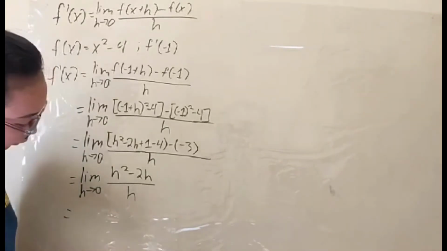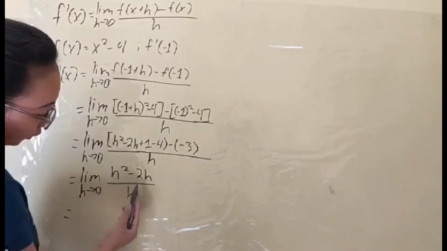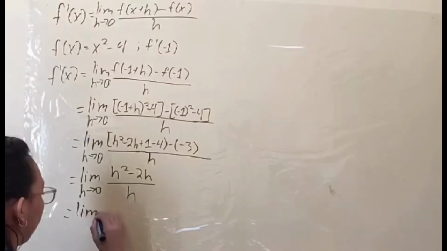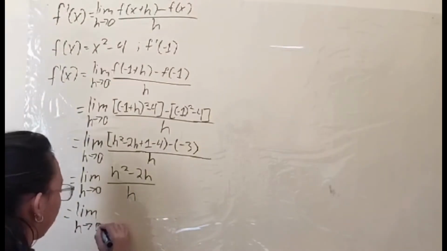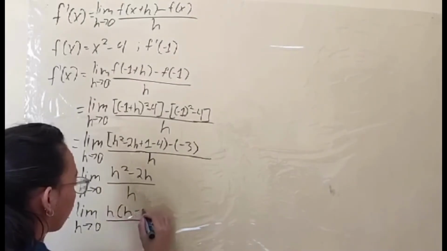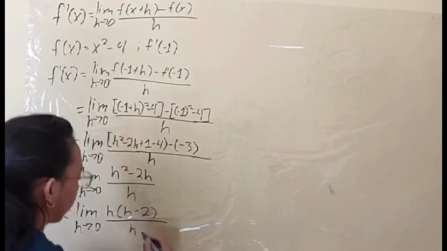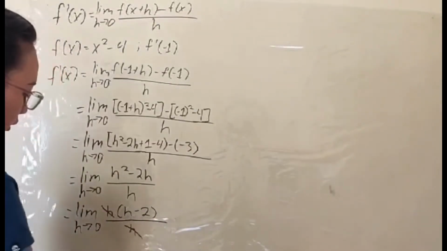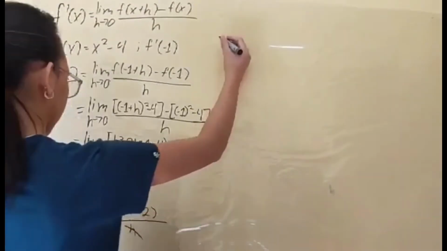Then after that, factor out the common factor of these two terms. Cancel the common factor.